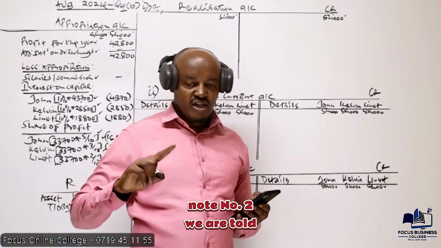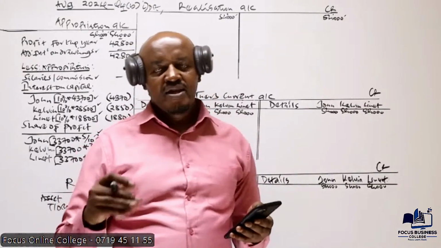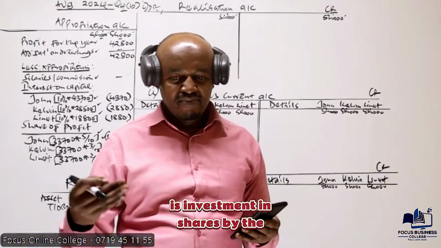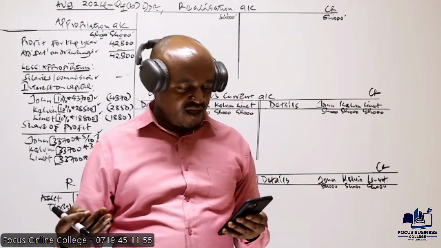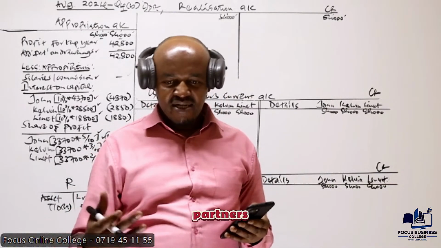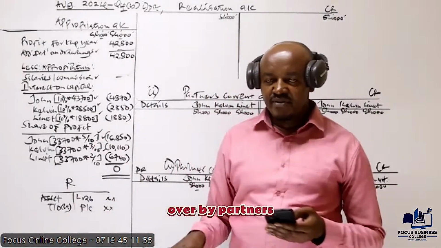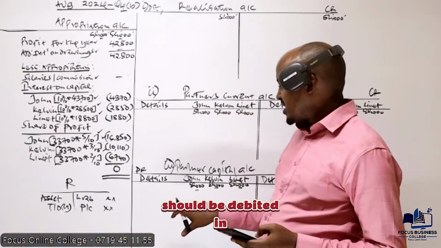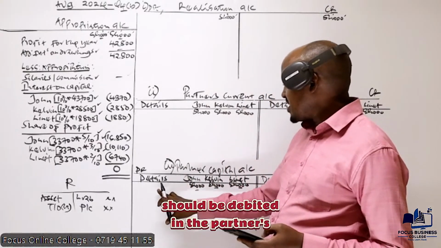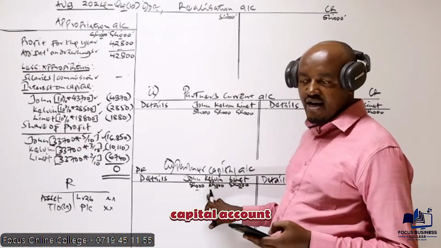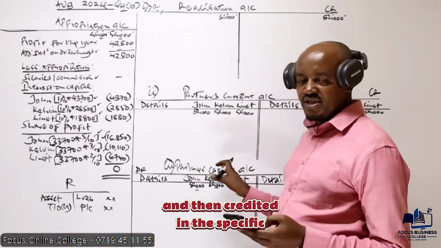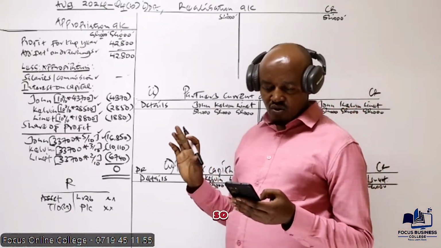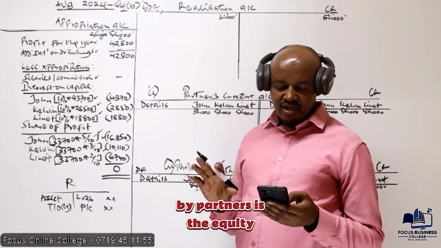In note number 2, we are told about equity investment, which is investment in shares by the partners. This was taken over by partners. Remember, assets taken over by partners should be debited in the partners capital account and credited in the specific asset account. So one of the assets taken over by partners is the equity investment.